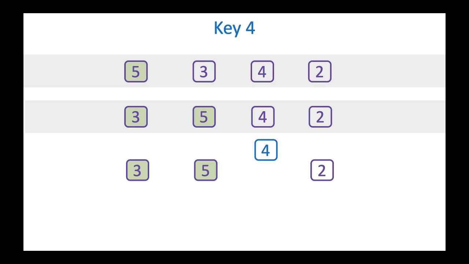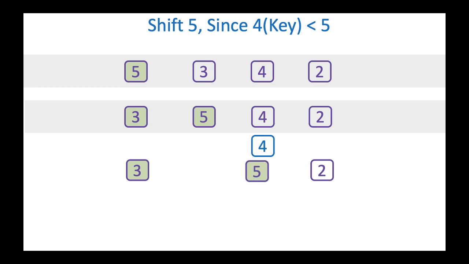Then we move on to the third iteration where we pick 4, which is the third number in the list, and this is the key for us currently. So we compare 4 with 5.